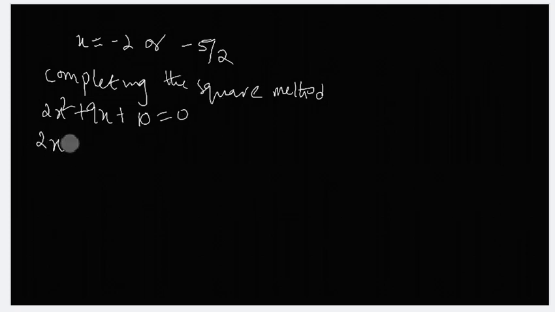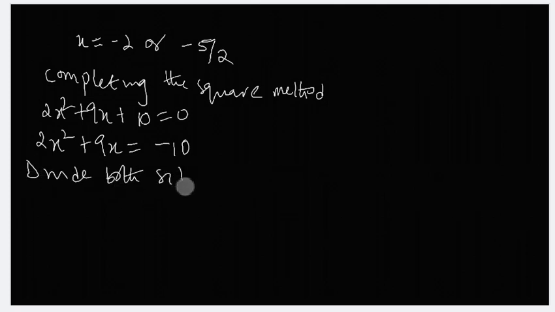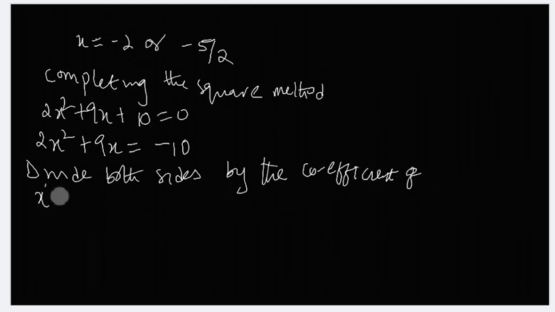So that becomes 2x squared plus 9x equals, when you move plus 10 to the right, it becomes minus 10. The next is you divide both sides by the coefficient of x squared, and the coefficient of x squared is 2.